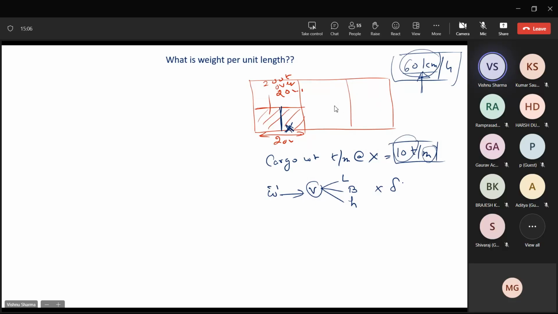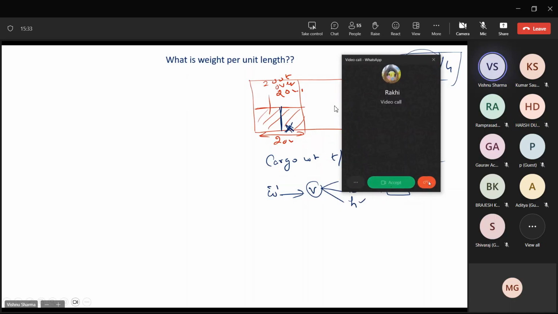So the weight in the compartment at any point is going to depend on length. How much length are you taking into consideration? What is the breadth of the compartment? What is the height of the cargo? And what is the density, or the stowage factor, of the cargo? Let's call it stowage factor instead of density.